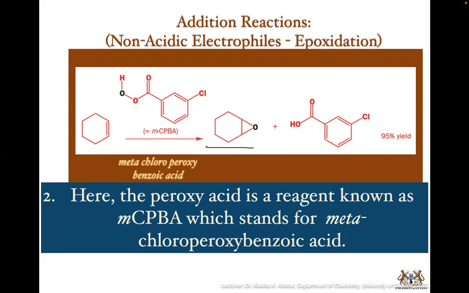So in other words, once the reaction takes place, the alkene is completely gone, and we would have seen that the alkene would have actually been comprised of a double bond bonded to two hydrogen atoms and the rest of the carbon ring.